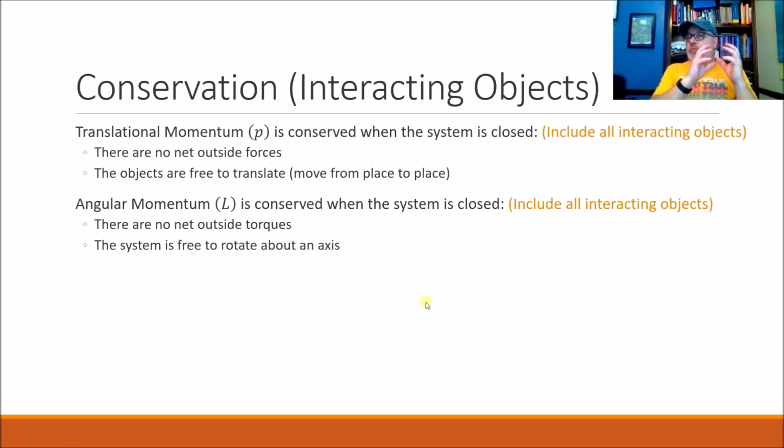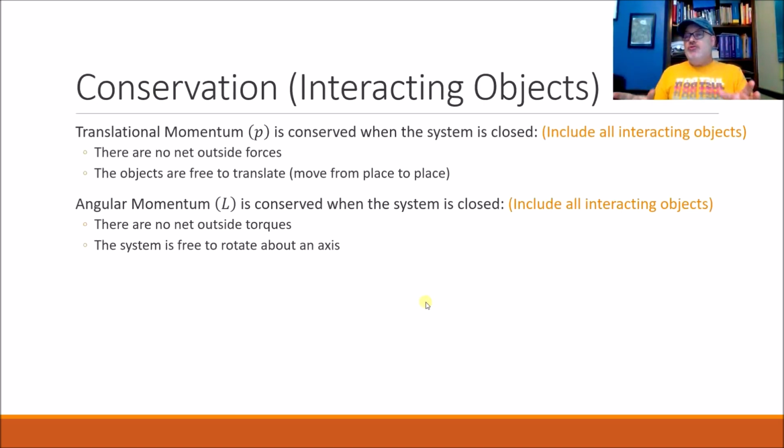So we know how to find momentum, we know how to find impulse. But just like in conservation of momentum for translation, if we have a system where all the objects that are interacting are included, and there are no net outside forces, and these objects are free to translate, so like they collide with each other, and you include both objects, then you're going to have conservation of momentum.